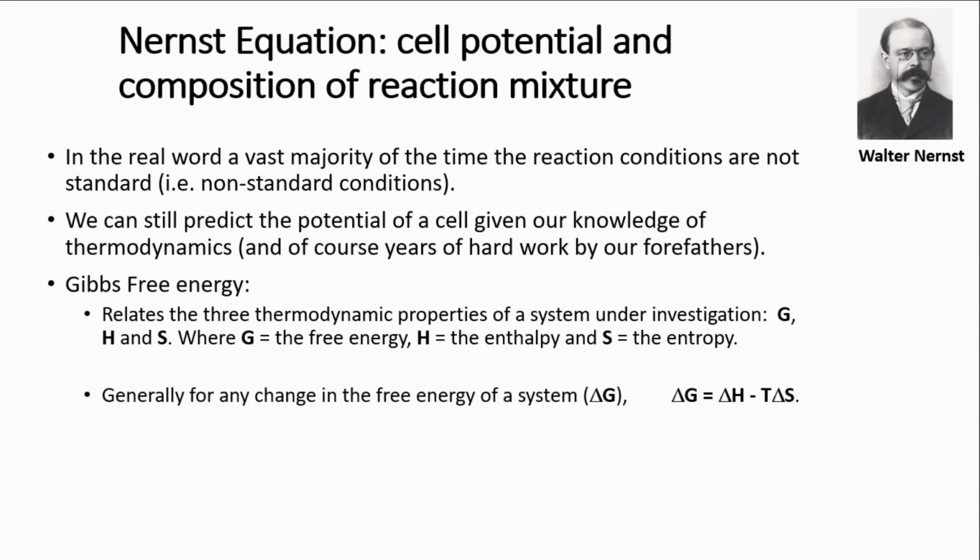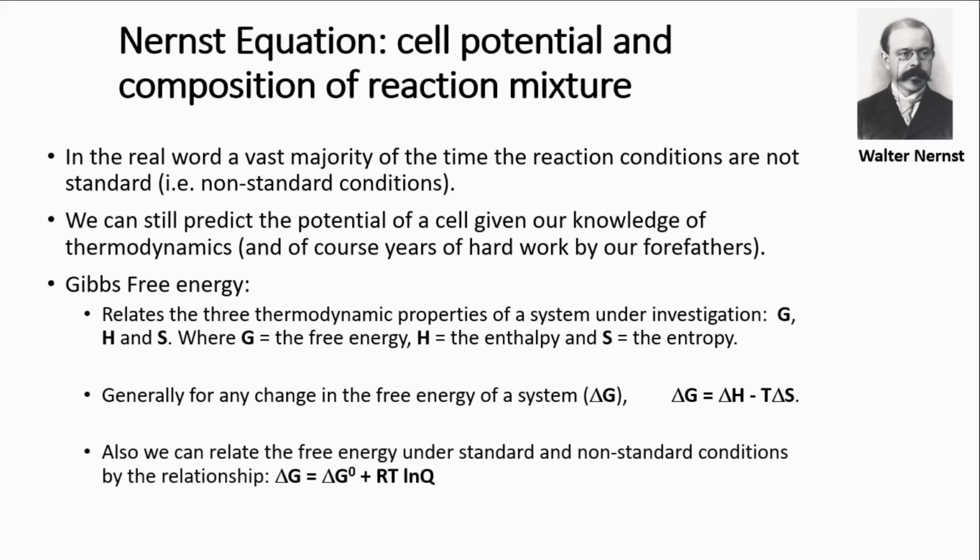Generally, for any change in free energy in a system, delta G is equal to delta H minus T delta S, where delta G is a change in the free energy of the system, delta H is a change in the enthalpy of the system, T is the temperature, of course in Kelvin, and delta S is a change in entropy. And these are all important parameters.